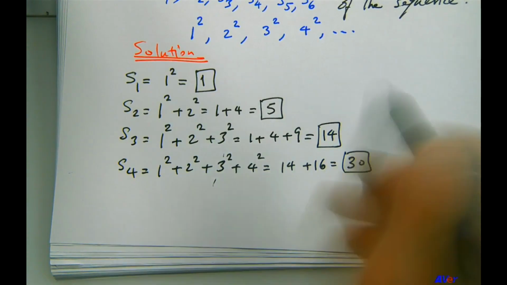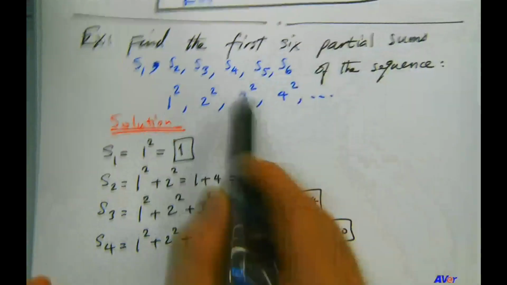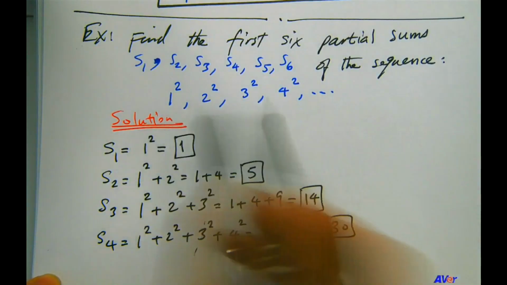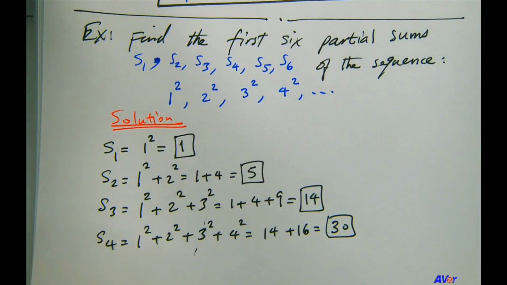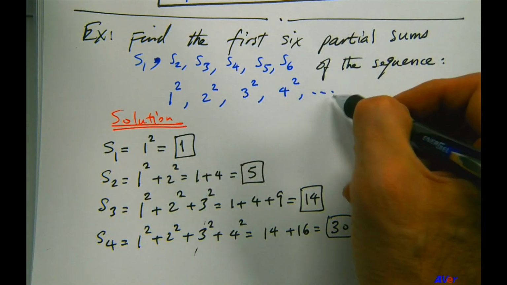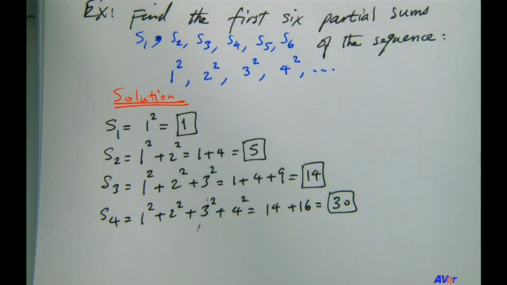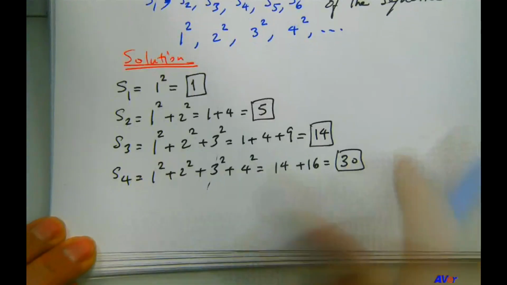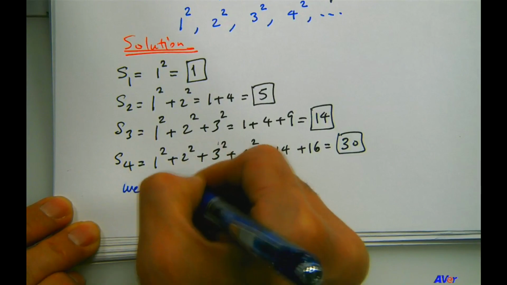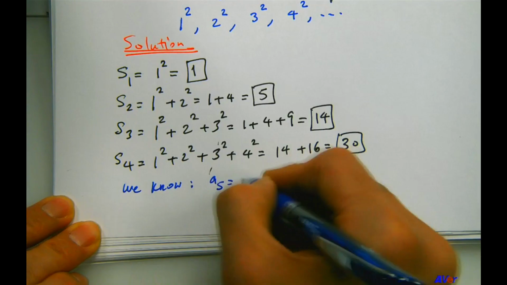So we know, but they're asking for the sum of the first six partial sums. So they're asking us to find S5 and S6. But of course, this sequence has a pattern that is really, really easy to see, right? So the fifth term would be 5 squared, the sixth term would be 6 squared, and so on. So we can take advantage of that. We know that a_5 is 5 squared.